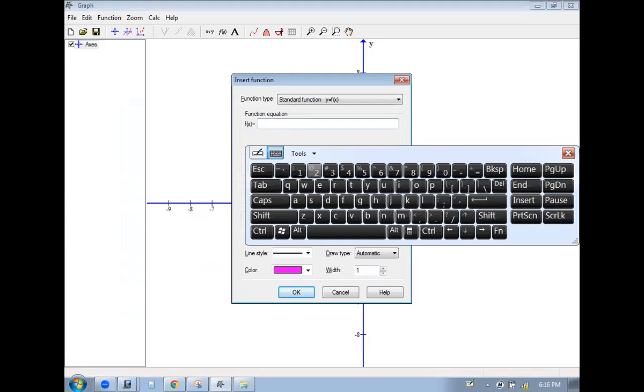200 times, oops, I'm going to need two parentheses, right? 1 plus, what was it, 0.05 divided by 12, to the, what power?